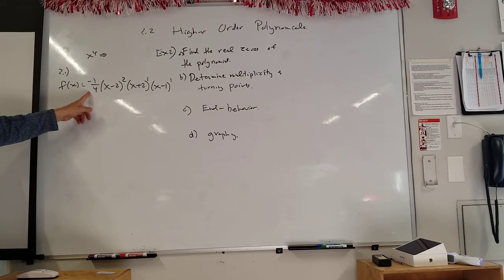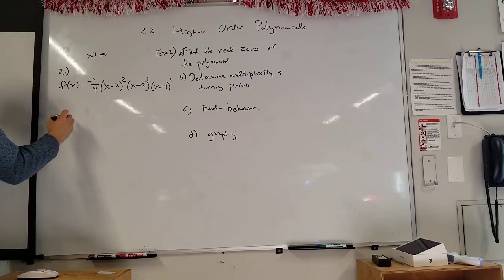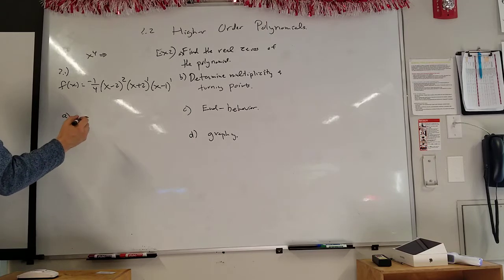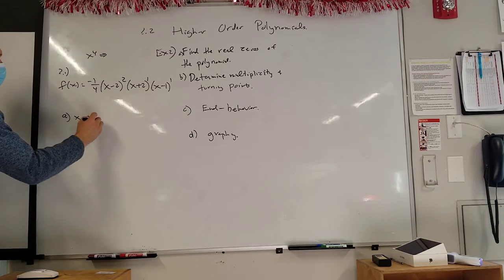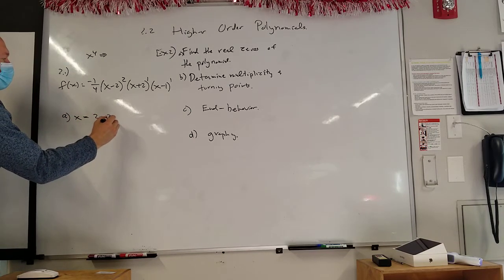So we got a few things to go off of. First things first, A, give me all the zeros of this polynomial. 2, negative 2, 1. Awesome.